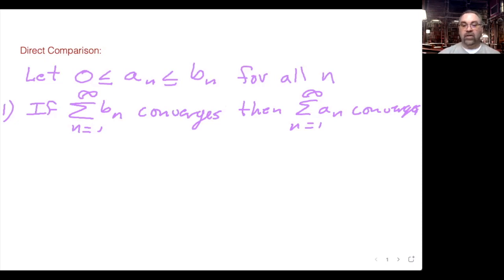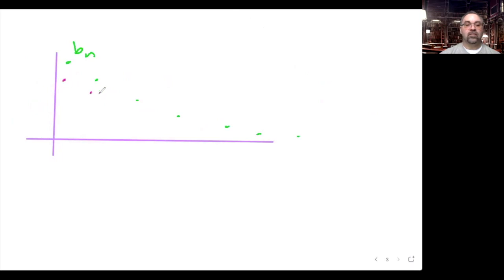So imagine, if you will, if I were to plot these two out, completely fictional, the green is B sub n, and A sub n are these pink dots. Okay, so that's A sub n.